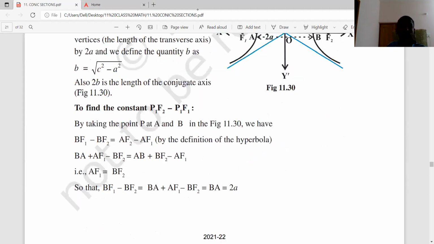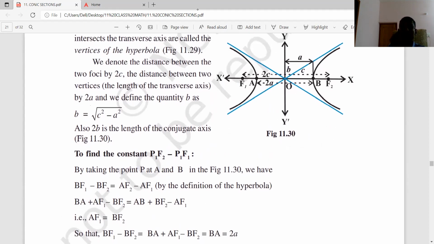We'll go forward and find the constant now. What is that constant? P1F2 minus P1F1, this distance we need to find.